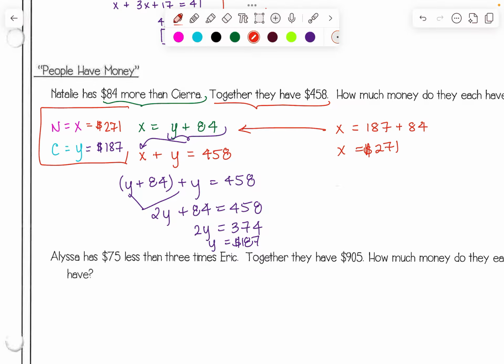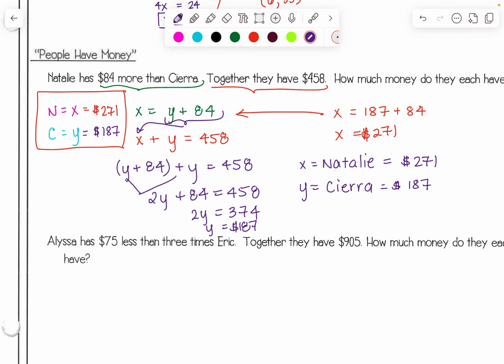Make sure you write clearly what your variable means. So you're going to write that X is equal to Natalie, and she has $271. You're going to write Y is equal to Sierra, and she has $187.